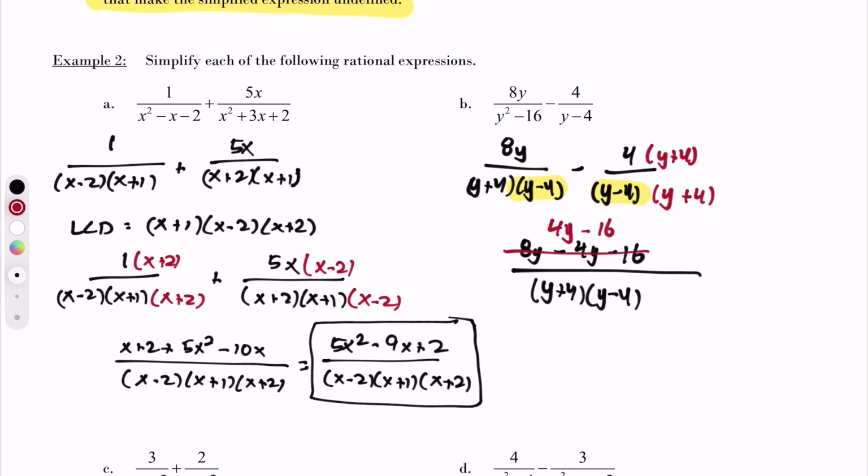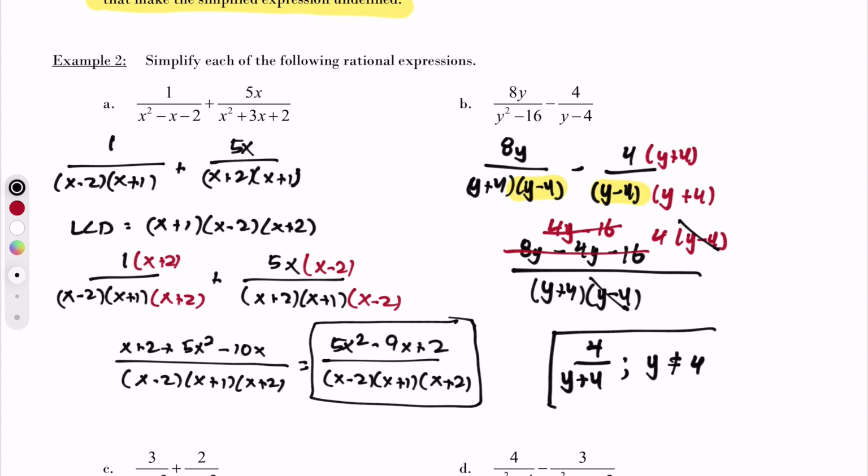And isn't 4y minus 16 equal to 4 times y minus 4? So what factor can I cancel here? I can cancel the y minus 4s, and I'm left with 4 over y plus 4. And since we completely lost a factor, we'd have to say y cannot equal 4.